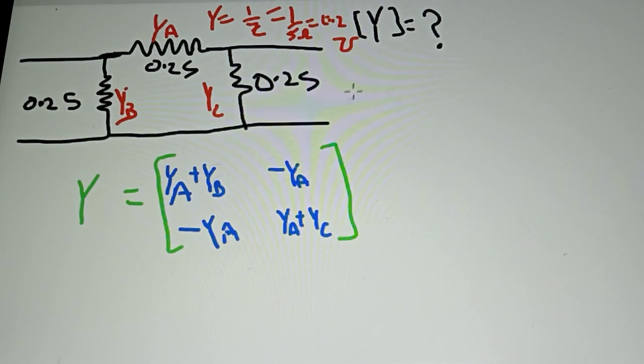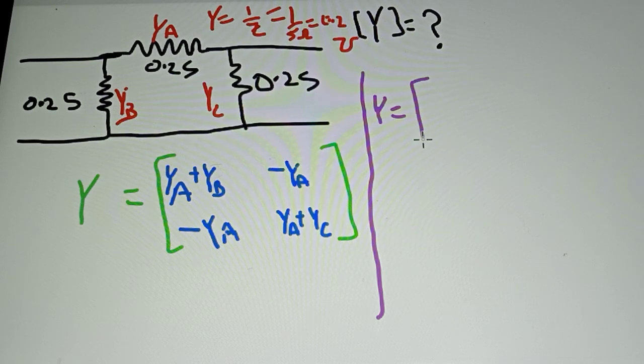Now we are just going to put these values in this formula, then we'll get the admittance matrix, that is Y is equal to YA plus YB. I told you to name these in anti-clockwise direction. So this is YA, this is YB and this is YC. You need to name it like this. So YA plus YB, the first term A11, is 0.2 plus 0.2, which will be 0.4.